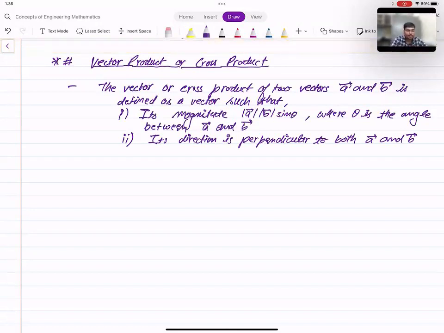Okay, so you would have seen that suppose we have the first vector, say this is my right hand. Suppose we have a vector in this direction and another in this direction. Okay, so like this we have two vectors. So now to find the cross product direction, what we need to do is curl our right hand from the direction of the first vector to the direction of the second vector, and the direction in which our thumb will point will give us the direction of the cross product vector.